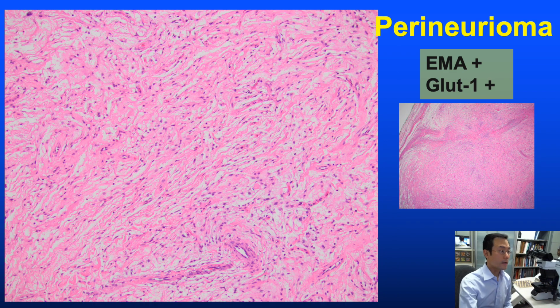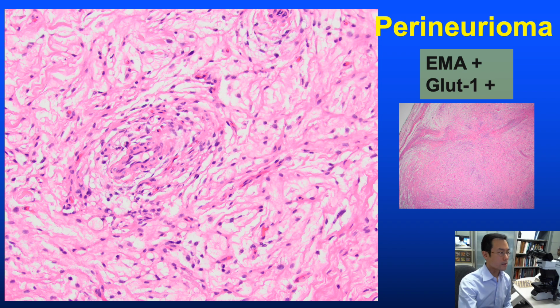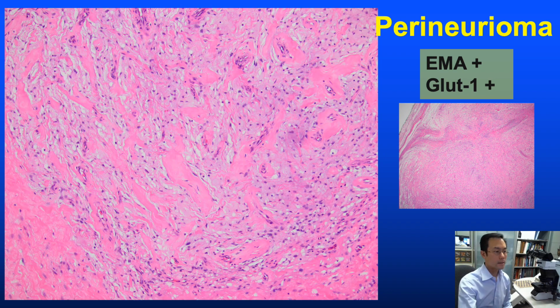Growth pattern could be characterized as storiform, but often and characteristically exhibits a bit more patterning, sometimes more of a swirled or lamellar pattern to the collagen, and areas of more concentrically arranged collagen resembling the layers of an onion, and not always necessarily surrounding a blood vessel as shown here. Spindle cells are cytologically bland. And areas with prominent sclerotic stroma in sclerosing perineurioma.